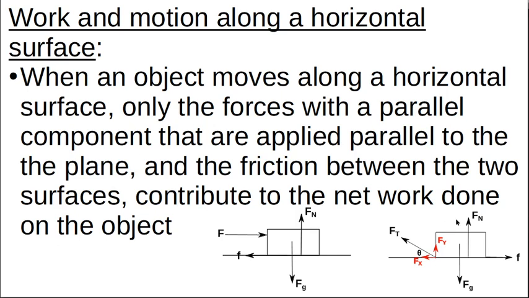Okay, same thing here. If we look at this force, this rope is pulling this box this way, and there's friction that way. Only the forces that have got a component parallel to the plane are considered. So the normal and the gravity are not considered because they're at 90 degrees. So this box is moving that way.